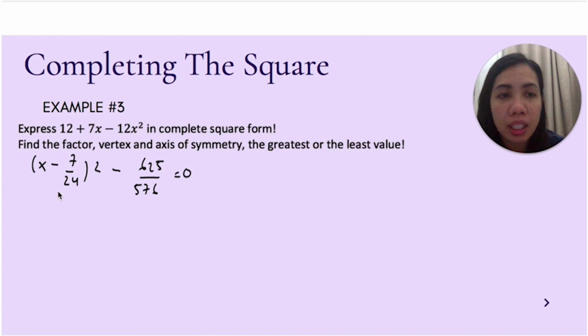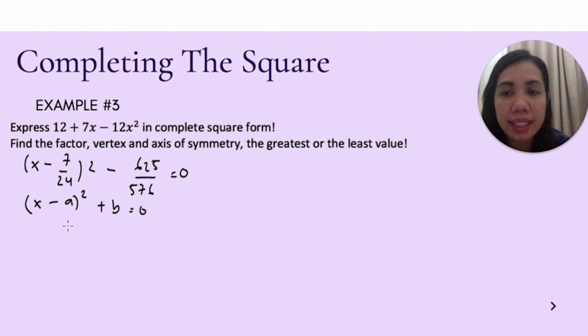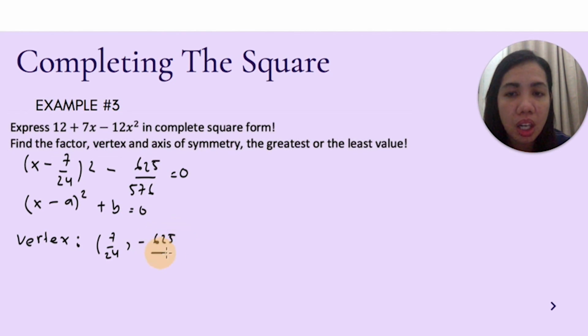Remember, the standard form of this is (x - a) squared + b equals 0. Then the vertex is (a, b), so the vertex here is (7/24, -625/576). So this is the vertex coordinate of this quadratic equation.